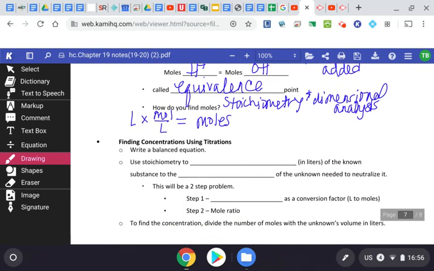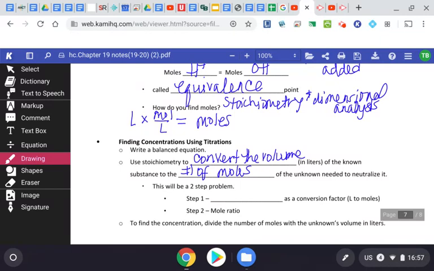So in order to find an unknown molarity, the first thing we want to do is write out our balanced equation. That's our neutralization reaction between an acid and base producing a salt and water. Then we're going to use stoichiometry to convert the volume, and it needs to be in liters because molarity is moles per liter. So we're going to convert the volume in liters of the known substance to the number of moles of our unknown substance needed to neutralize it.